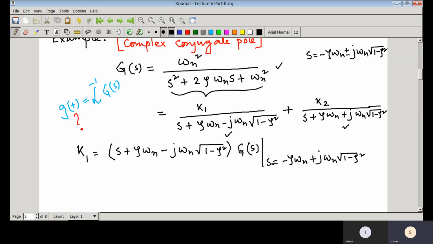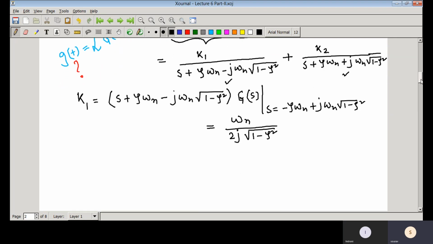Now if you solve this, you will get omega n by 2j square root of 1 minus zeta square. So this is the first coefficient.